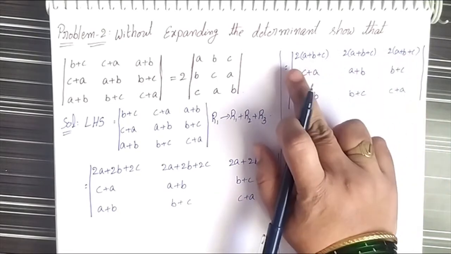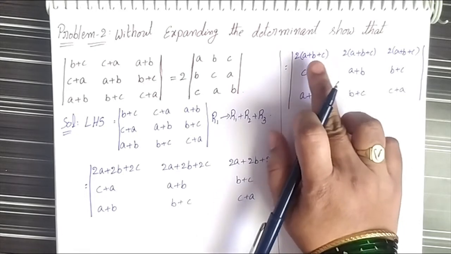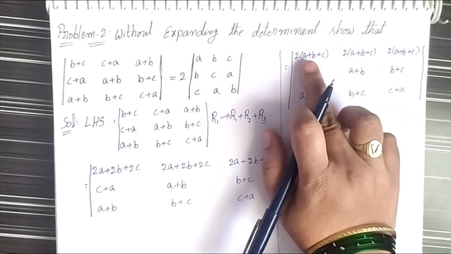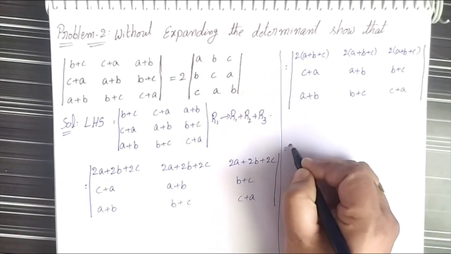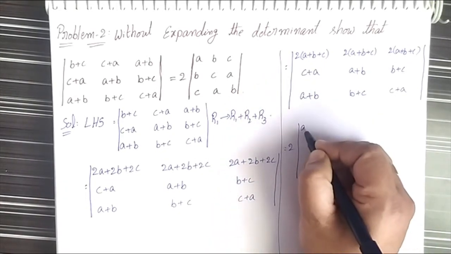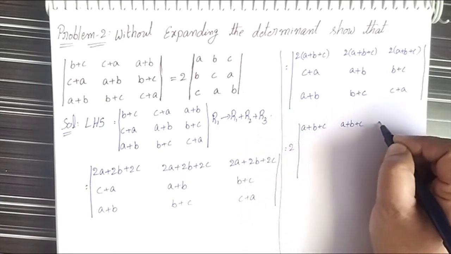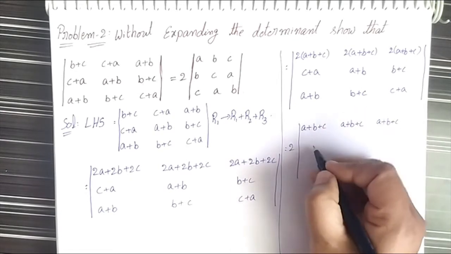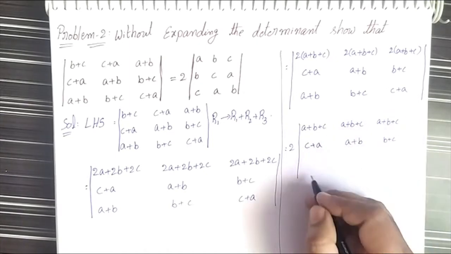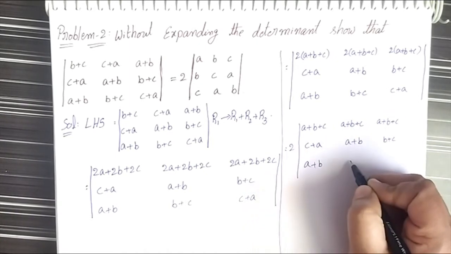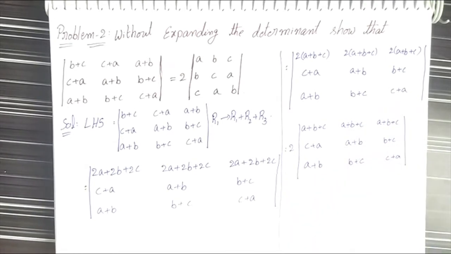Although a plus b plus c is also common, we don't take it out; we only take the 2 as common. That is equal to 2 times determinant |a+b+c, a+b+c, a+b+c; c+a, a+b, b+c; a+b, b+c, c+a|. This is the determinant value.